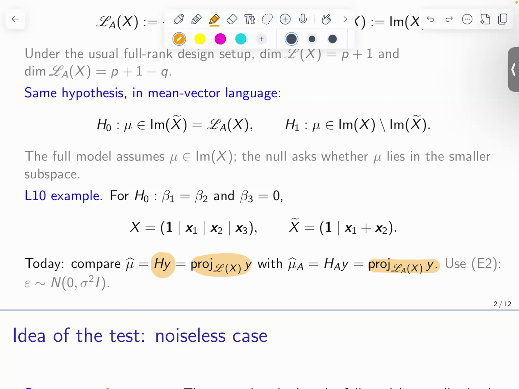But anyways, it doesn't matter. The formula is just that there is a unique projection operator. And so once I do that, I get these mu hat and mu hat a, and I can compare them somehow. And then we are going to use the assumption that we had, the E2 assumption, the normality. So far, so good.